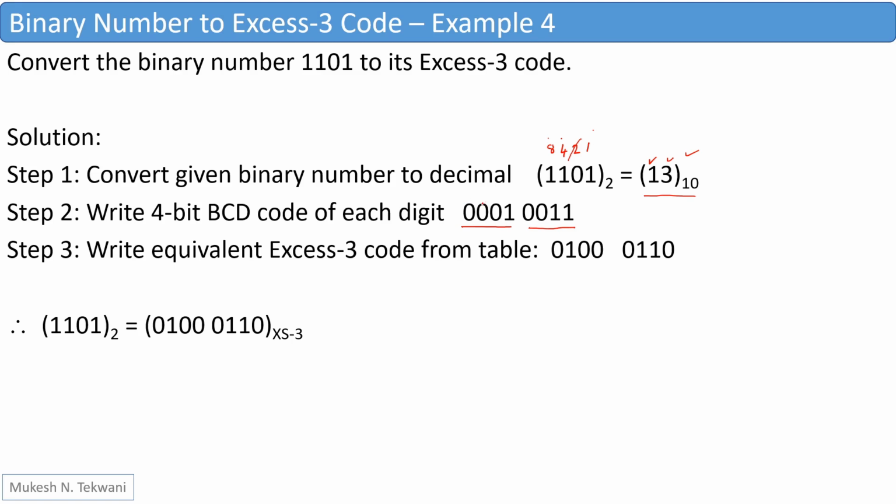The corresponding Excess-3 code we will get from the table. Corresponding to the BCD code 0001, the equivalent Excess-3 code is 0100. Corresponding to 0011, the BCD code, we have the Excess-3 code as 0110. Therefore our given binary number can be expressed as 0100 0110. This becomes the Excess-3 code for the given binary number.